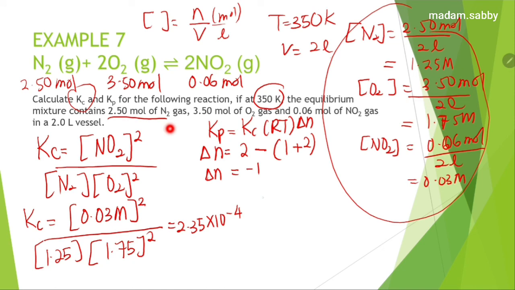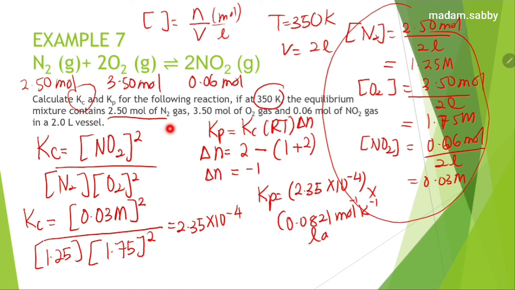Now substitute to get Kp. My Kc is what we already calculated before, 2.35 times 10 to the power of negative 4, times my R, a constant with value 0.0821 L atm per mole per Kelvin, times my temperature, which is 350 Kelvin, to the power of negative 1.